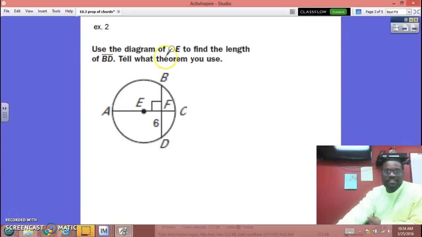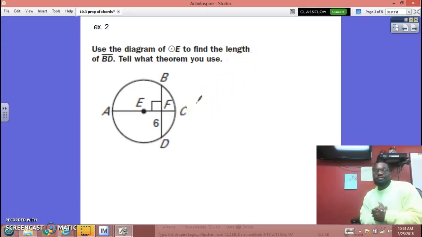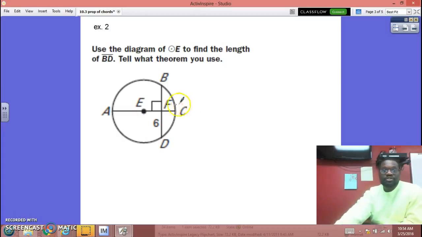Use the diagram of circle E to find the length of BD. Now it says tell what theorem you'll use. I'm not necessarily interested in that, seeing as how we're kind of skipping over proofs, which is a no-no in geometry. But notice that AC is perpendicular to BD. So I've got two chords and this one is perpendicular.